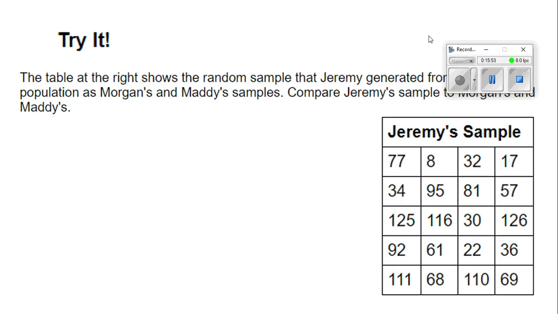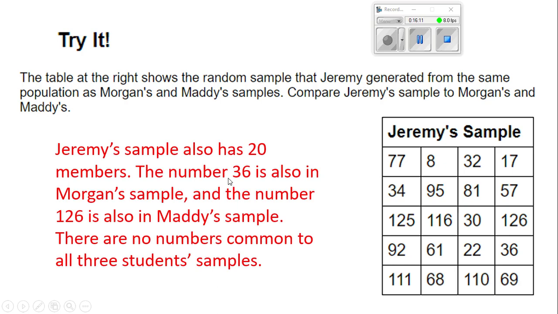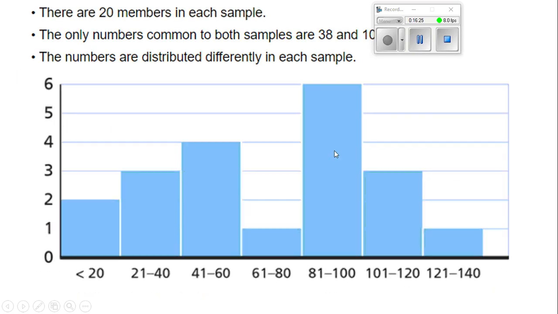Let's try it. It says the table at the right shows the random sample that Jeremy generated from the same population as Morgan and Mandy's sample. Compare Jeremy's sample to Morgan and Mandy's. In this case, Jeremy's sample also has 20 numbers. The number 36 is also a number in Morgan's sample. We're going to go back just to check that.